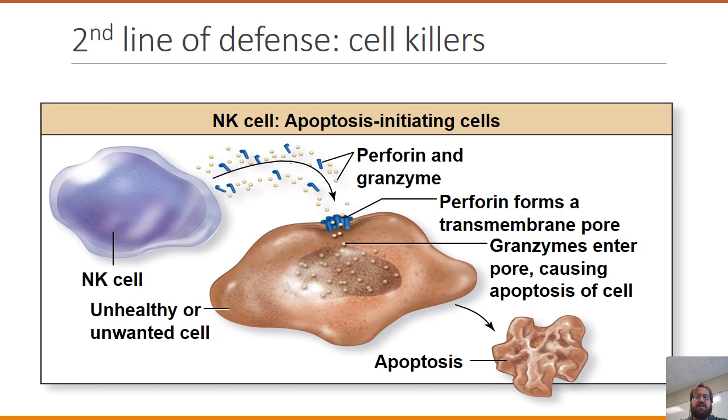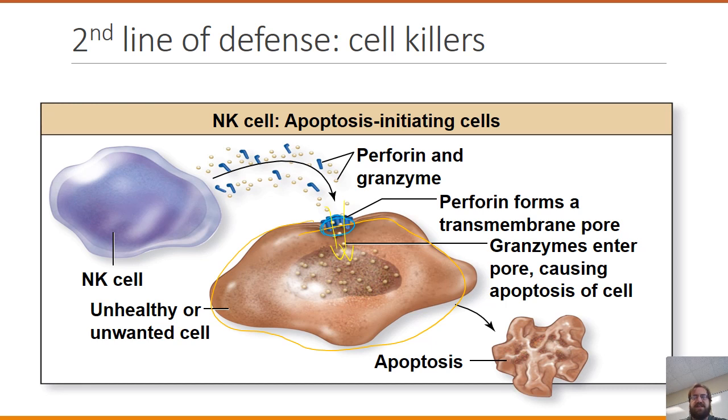If you have a human cell that has become unhealthy in some way, and it's detected by a natural killer cell, for example, the natural killer puts out some molecules called perforins that perforate, make a hole in the cell membrane, and then other molecules called granzymes come in through that hole and proceed to kickstart a process called apoptosis, essentially programmed cell death or cell suicide.